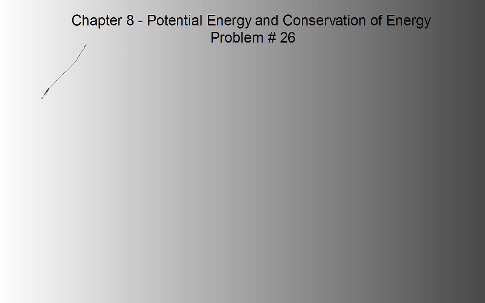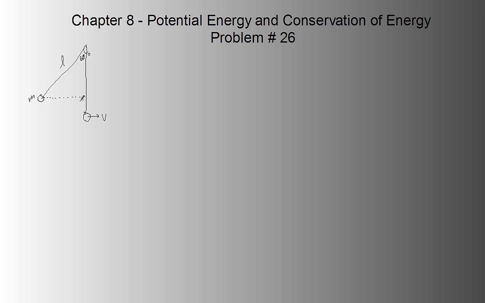So, pendulum, mass m on the end, length L, 60 degrees to the vertical, and initial velocity that way. Velocity at the bottom that way. And I'm going to draw a line here for calculation purposes.